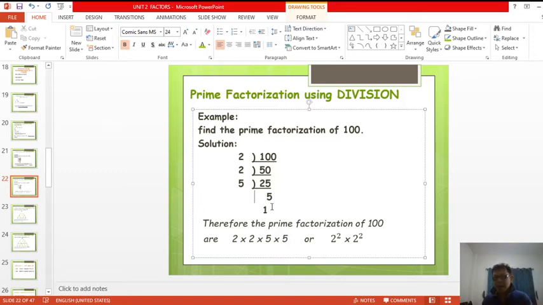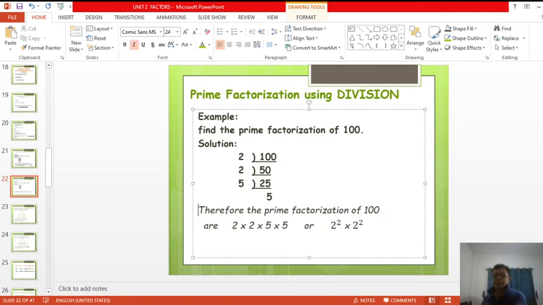But then again, what I'm showing you is the same thing. Look at that: the answer is 2 times 2 times 5 times 5. Why? 5 is a prime number. Some books show you this method, that's why I'm showing you this.